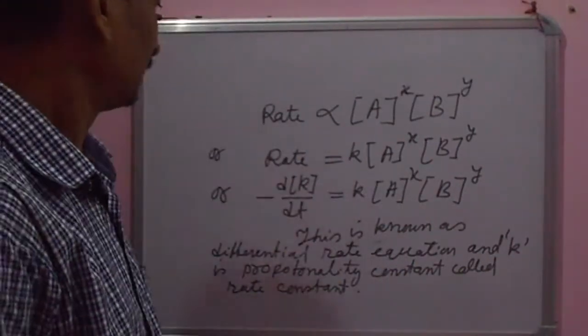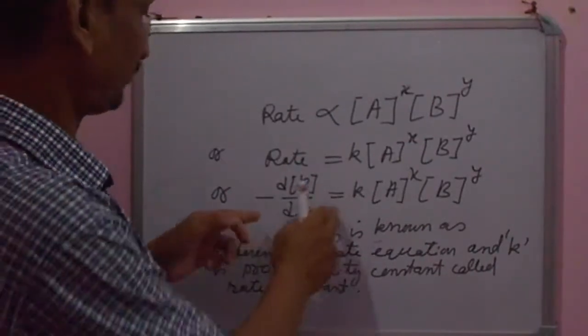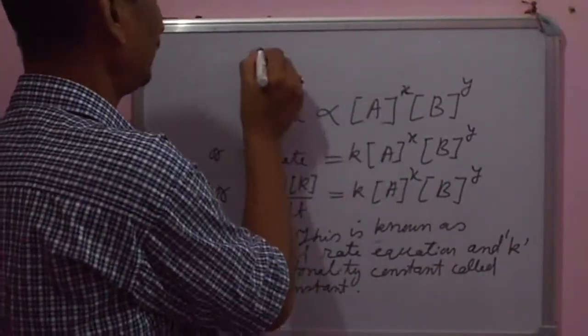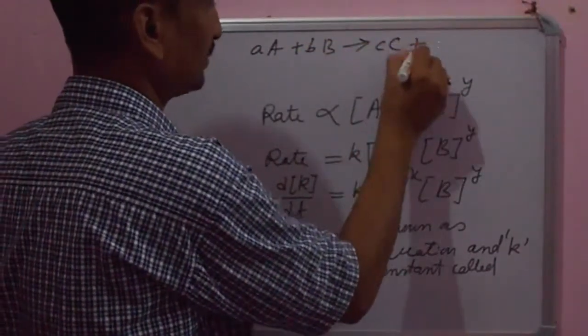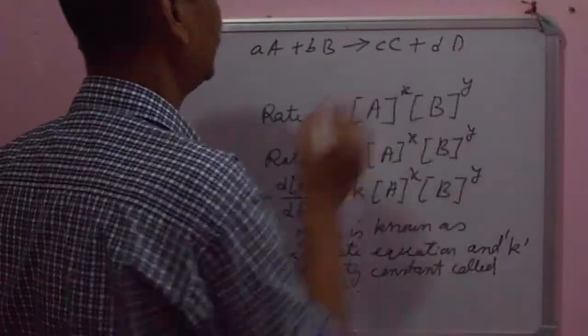So this is the differential rate equation for a general reaction: a moles of A plus b moles of B gives c moles of C plus d moles of D.